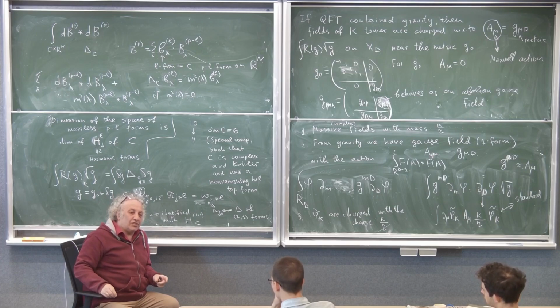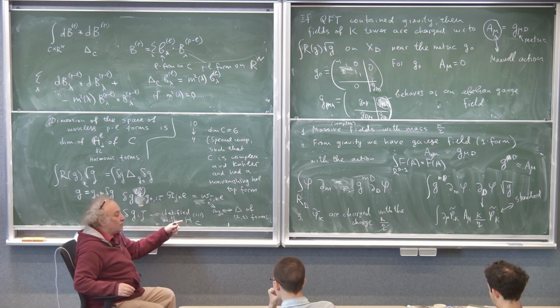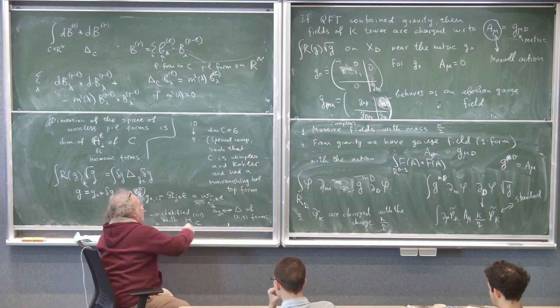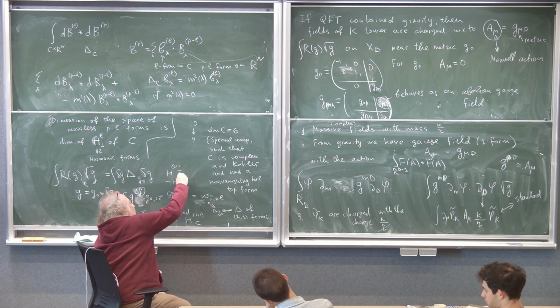However, generations are archival, they are all the way down until the electroweak symmetry is broken. So the number of generations in this model is H11 minus H21.